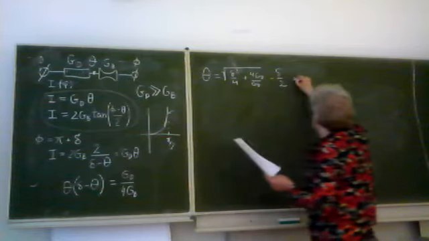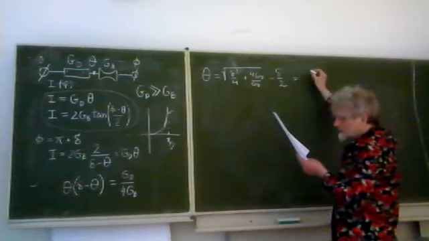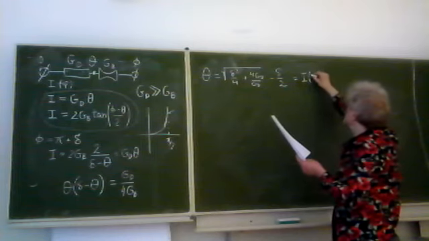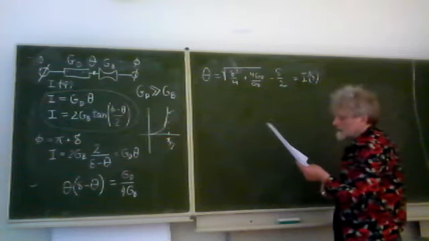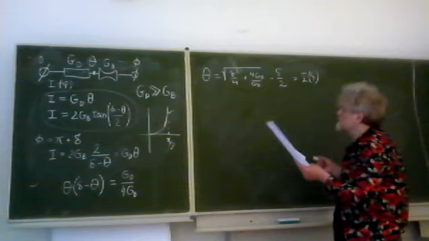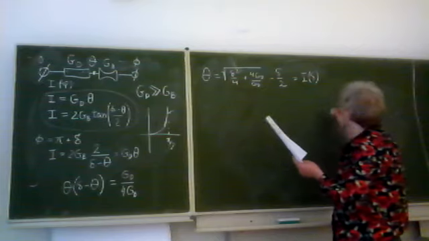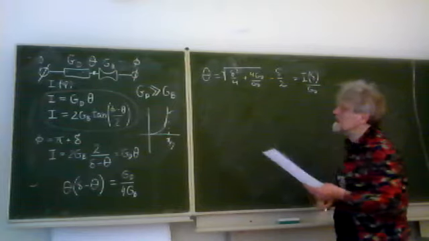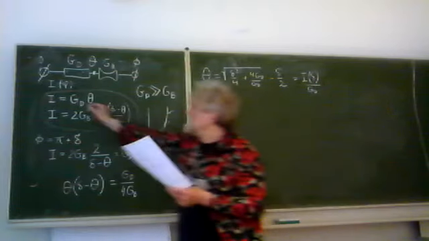And this is just current, let me write it down. It's current as a function of delta, apart from the factor of GD that follows from this formula.